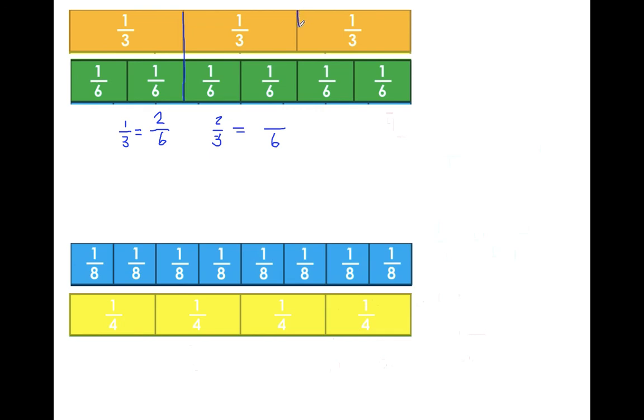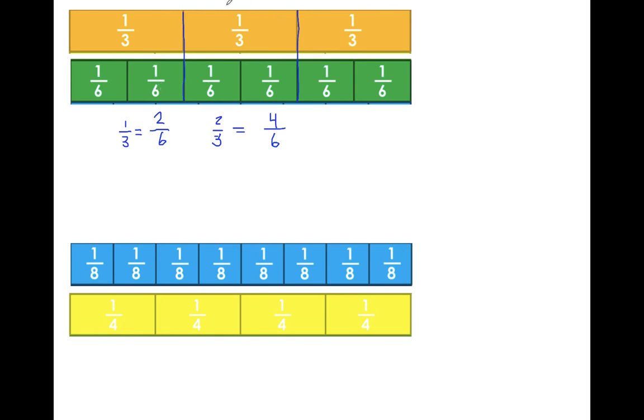So I'm going to draw another straight line down. Okay, now I have to count all of those sixths. I have 1, 2, 3, 4. I have 4 sixths. So 1/3, one of these cubes equals 2 of the sixths.